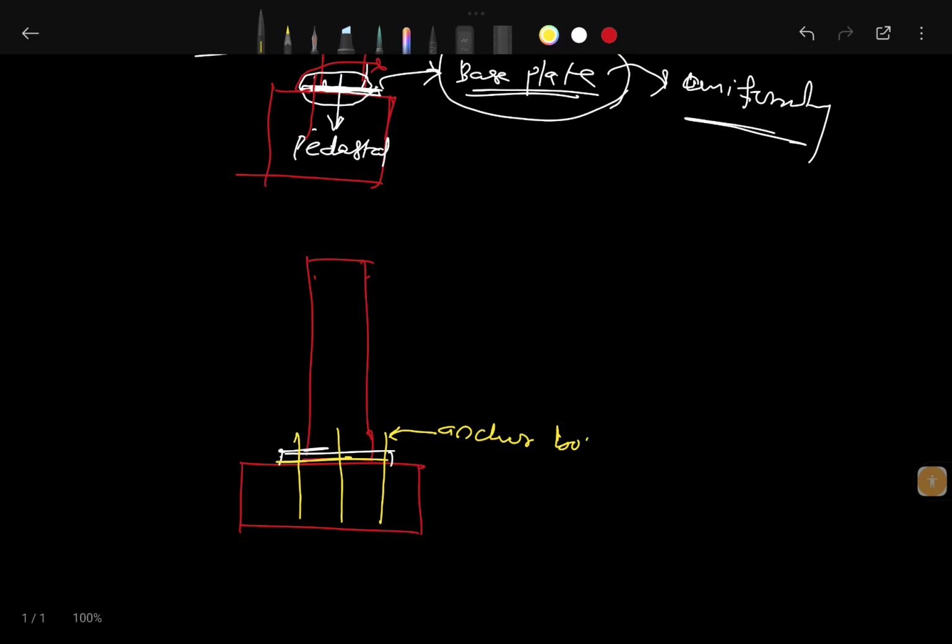Anchor bolt. Okay, this anchor bolt strengthens the base plate, and this anchor bolt can safely transfer all the moments and shear force to this pedestal.